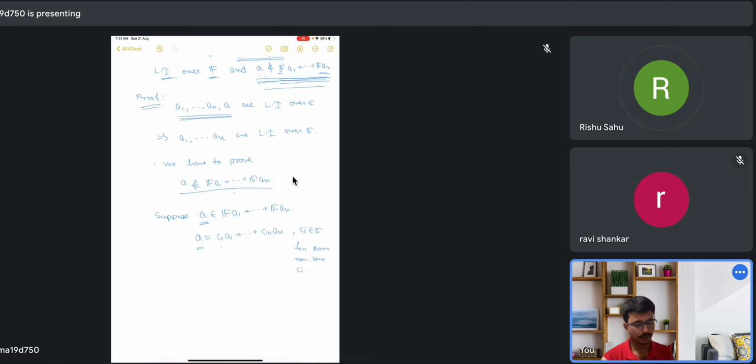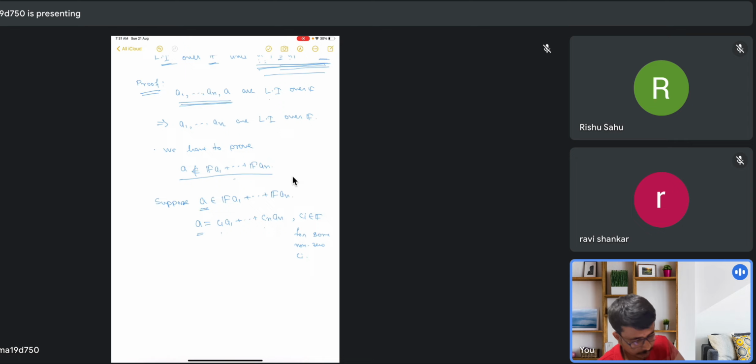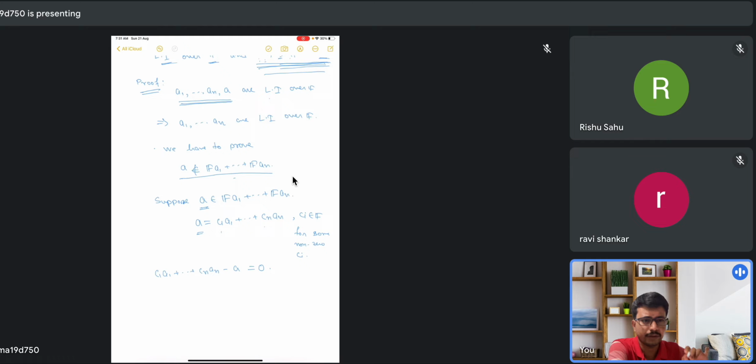So what we are getting: C1 A1 up to Cn An minus A equal to 0. It is not given that A is non-zero. A may be 0.